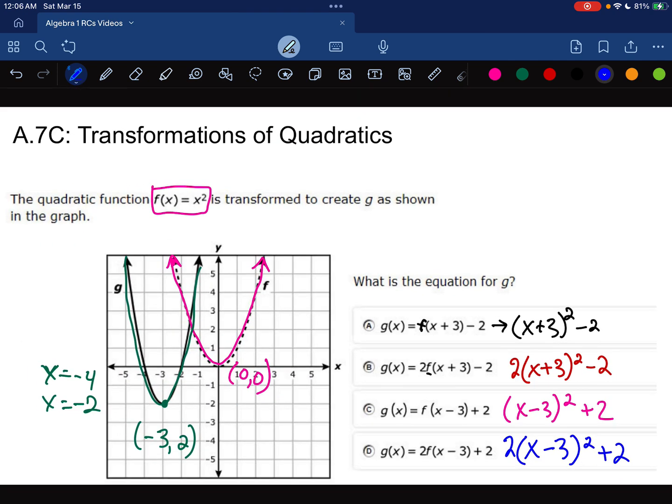Now, I have the equations rewritten. The only thing I have to do now is plug in those equations to figure out which one, when I plug them in, has the vertex at -3, -2. Let's go ahead and do that.